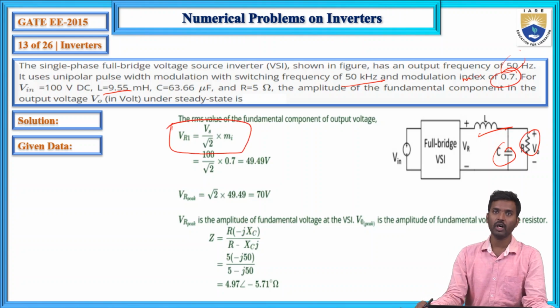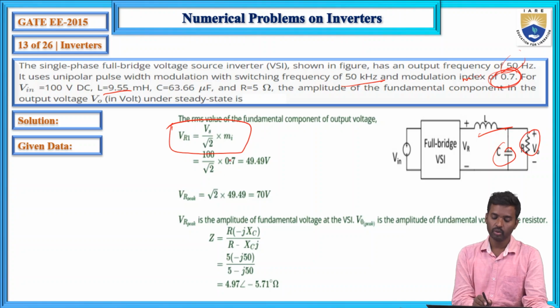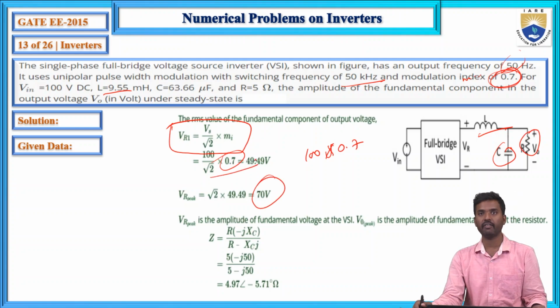The formula is supply voltage by root 2 is the RMS value, but here another term is given, the modulation index. The modulation index is always multiplied. So that is 100 by root 2 into 0.7. Now the peak value means 100 into 0.7, that is 70, and into root 2, that is 70.